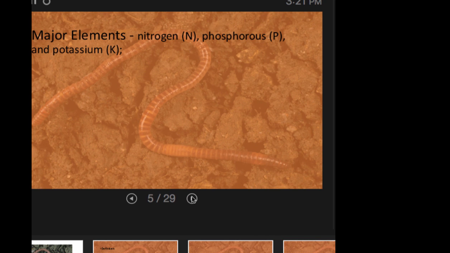The major elements that you'll hear a lot in agriculture is NPK, or nitrogen, phosphorus, and potassium. You'll see big bags of fertilizer at some of the big ag shops, and you can buy NPK, which they use as an all-purpose sort of fertilizer.